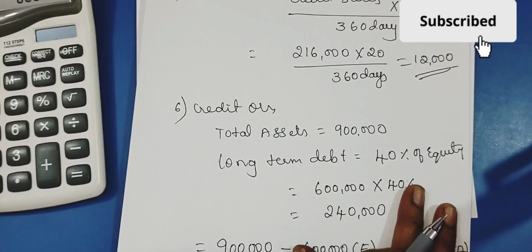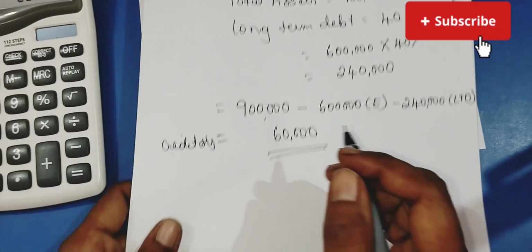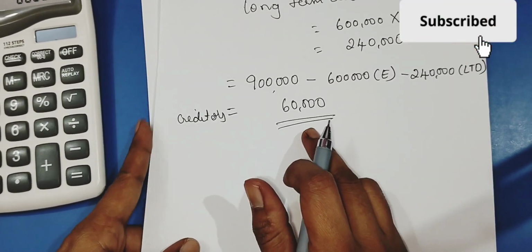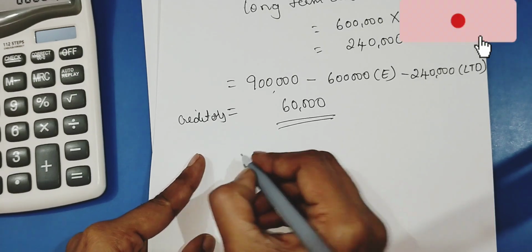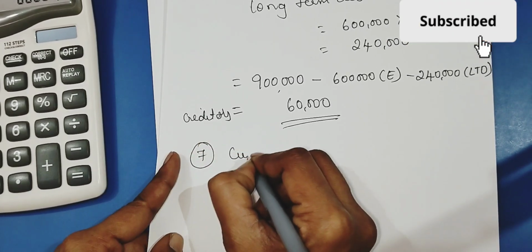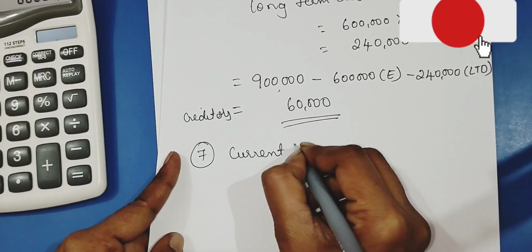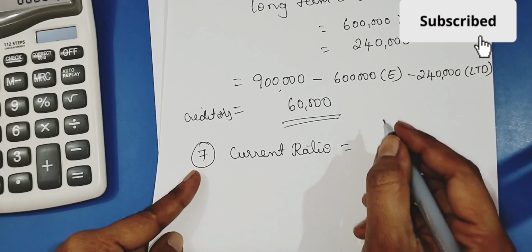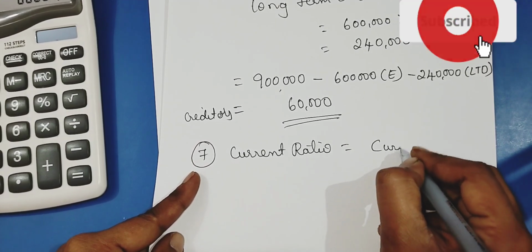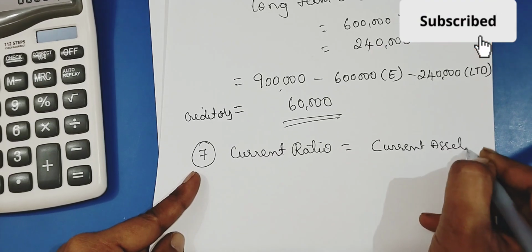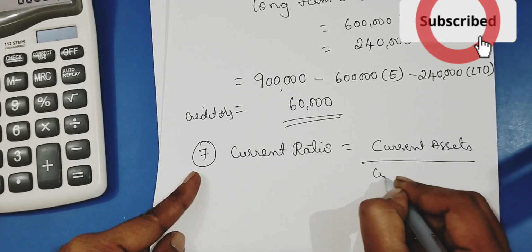Now let us find out the current ratio, and to find out current ratio also we need creditors. So what is the formula for current ratio? Current asset divided by current liabilities.